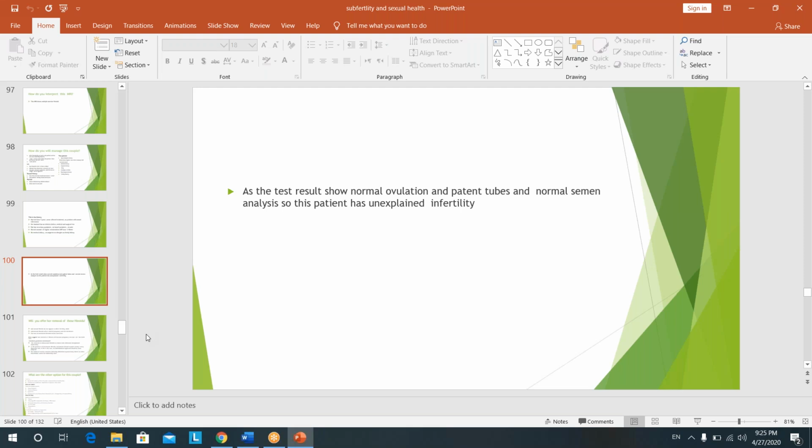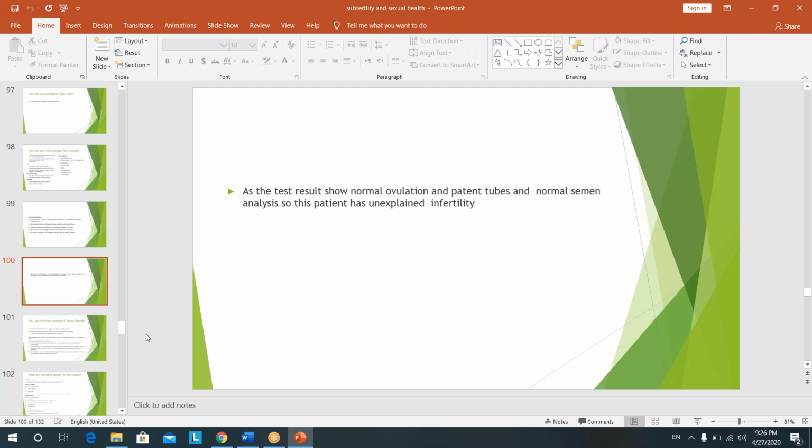And I will tell her removing the fibroid is unlikely to significantly improve her fertility, as she is asymptomatic. And I will also tell her there are cases in which women conceived with this fibroid.